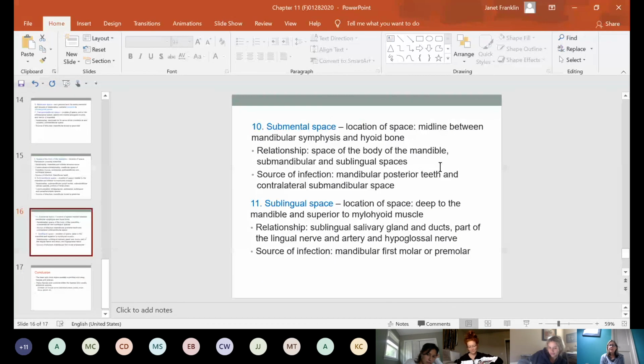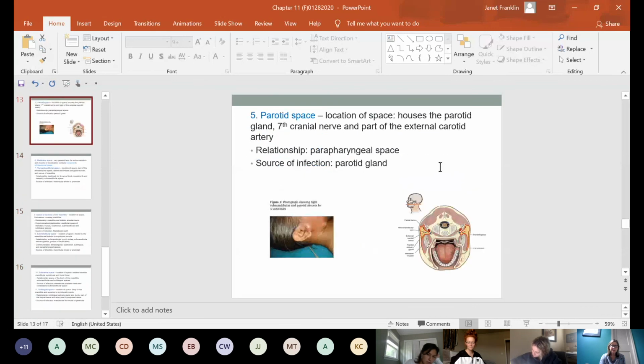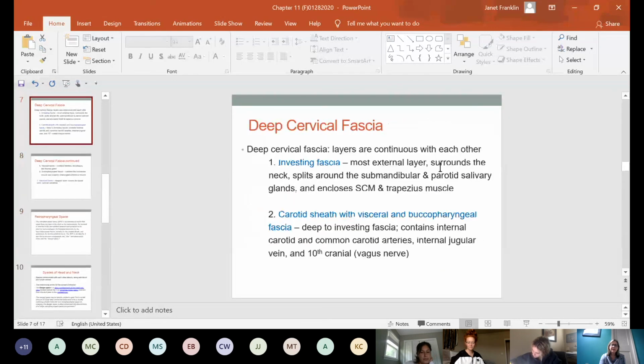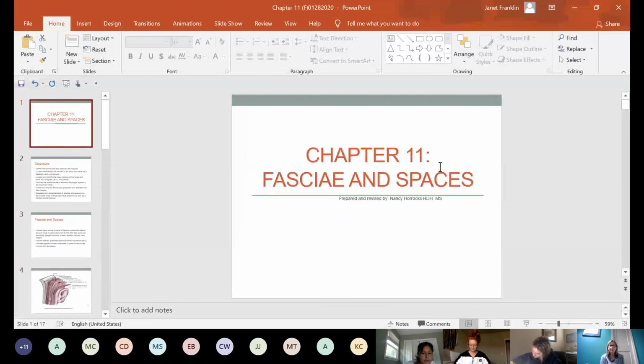Your submental, the source of infection would be your mandibular posterior teeth and contralateral submandibular space. So that one's a little strange, but again, just kind of have a basic idea of what these spaces do. Do not spend a lot of time memorizing every location. You can have spaces pretty much anywhere where you have layers of connective tissue.